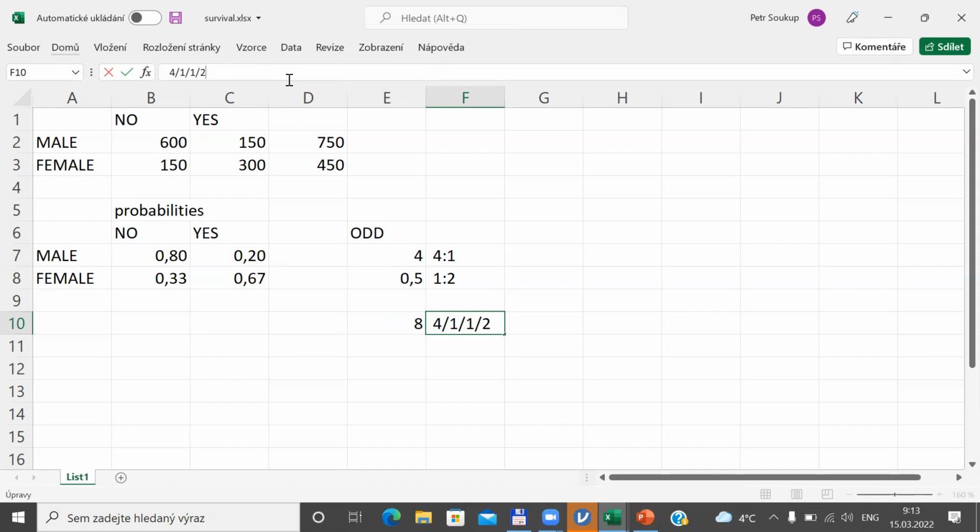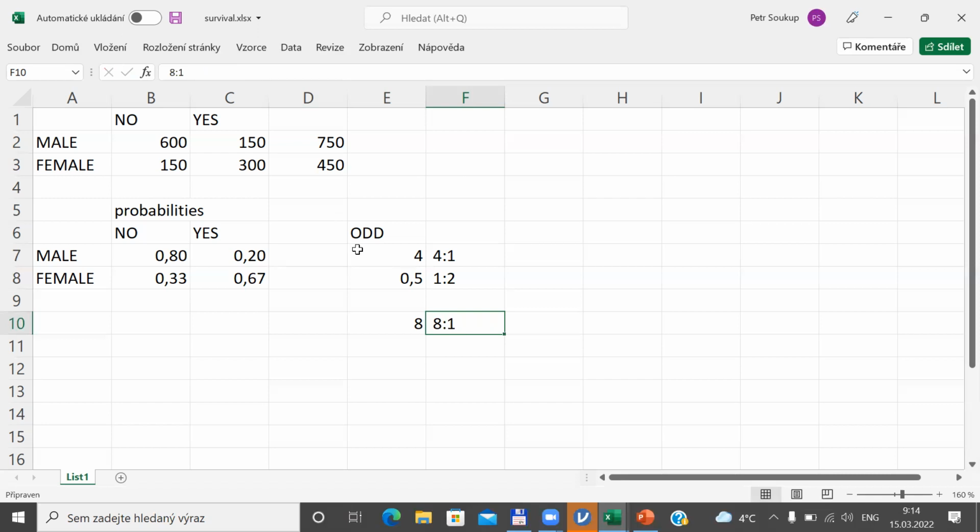The rule for computing such a complicated fraction is to take the numerator of the first fraction and the denominator of the second one. These must be multiplied, and also the rest must be multiplied. So 8 divided by 1. I will type it here. So it is 8 divided by 1.